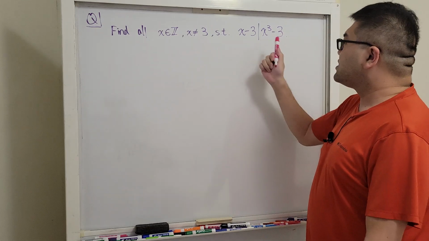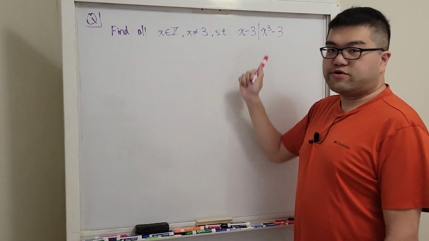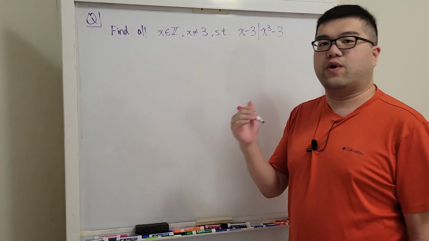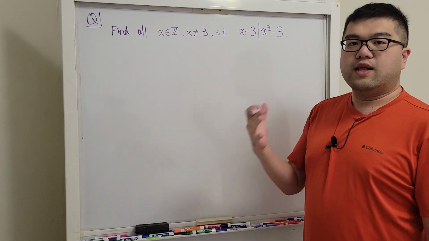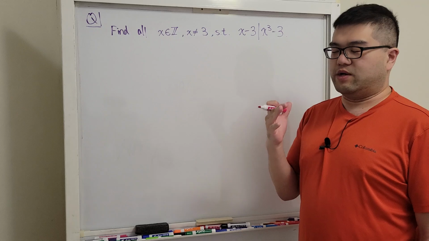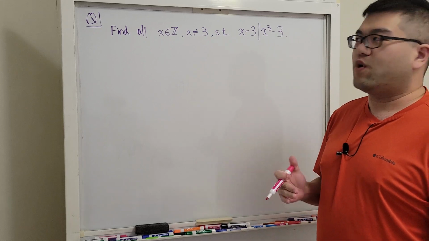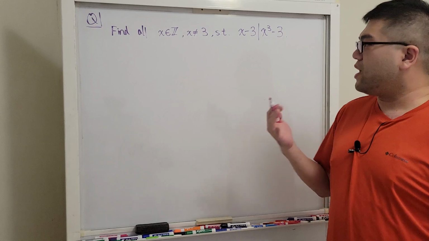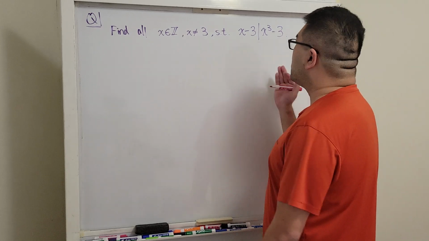And again, since our divisor is a degree 1 polynomial, x minus 3, we expect the degree of our remainder to be strictly less than 1, which is either a non-zero constant or 0 after we divide.